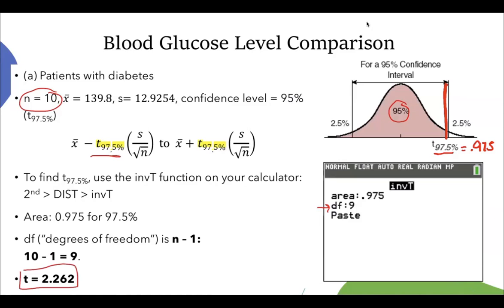This is the t-score we'll be plugging in here and here. The rest of the numbers are all coming from what we got when we ran 1-Var Stats. 139.8 for the mean, sample standard deviation 12.9254, and sample size is 10.